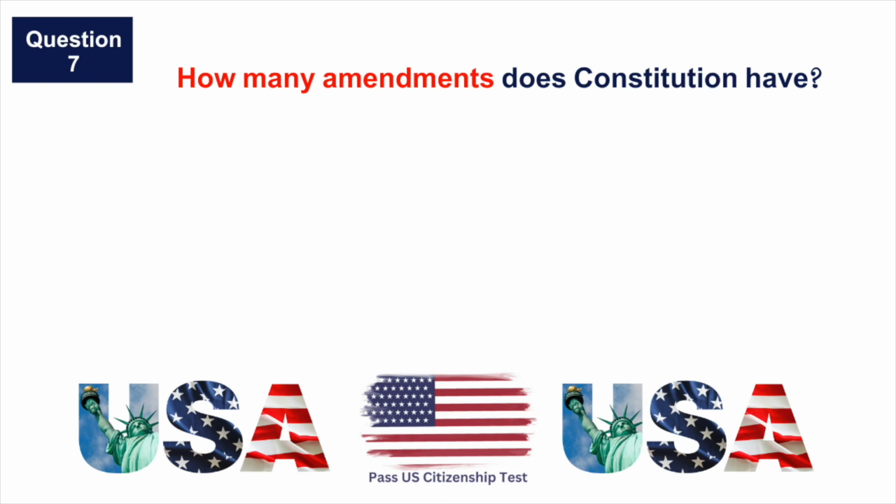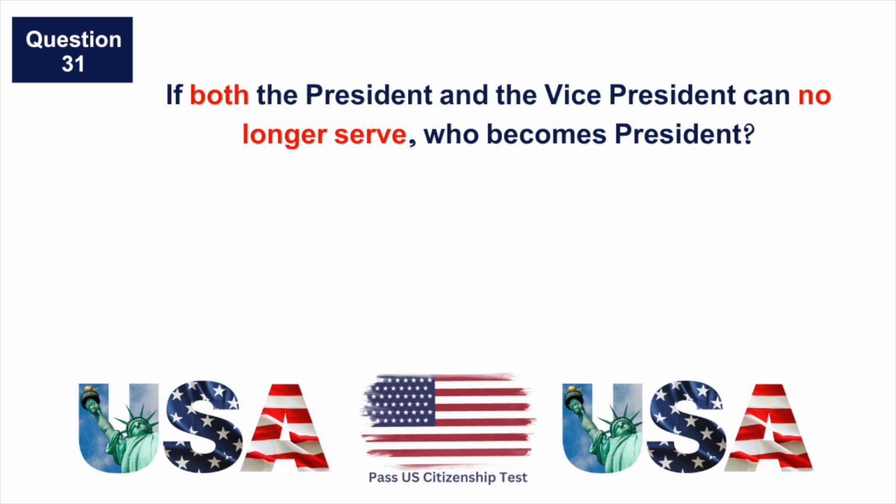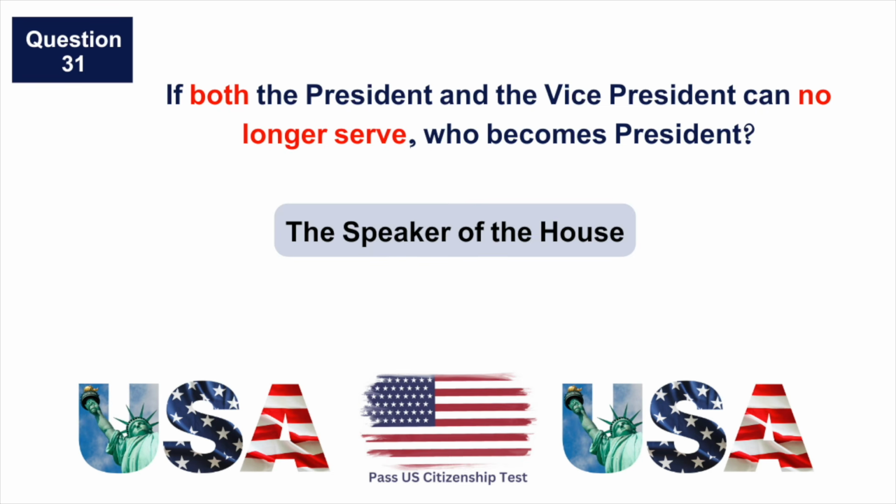How many amendments does the Constitution have? 27. If both the President and the Vice President can no longer serve, who becomes President? The Speaker of the House.